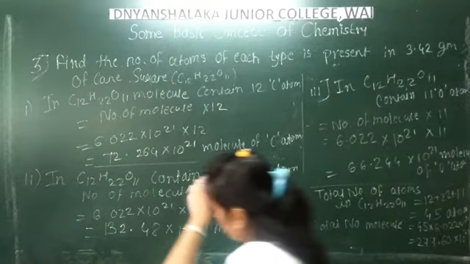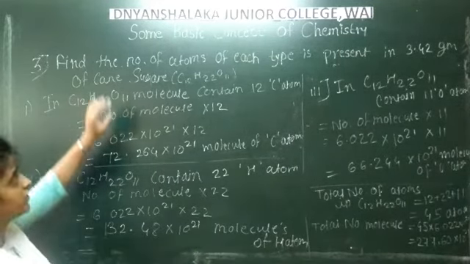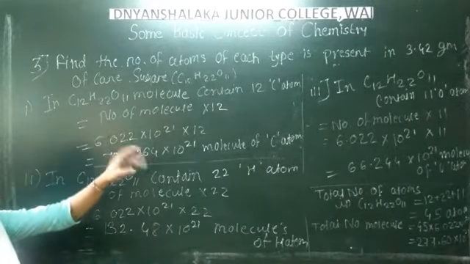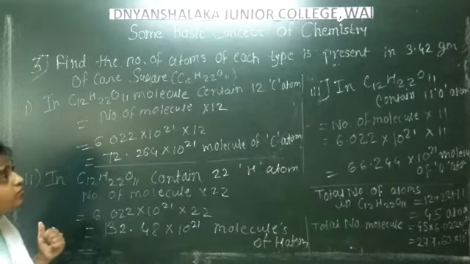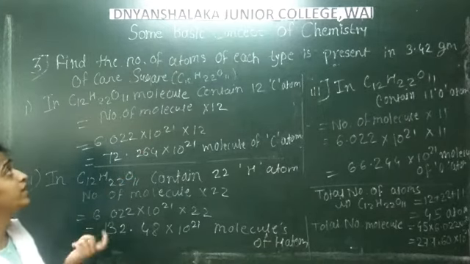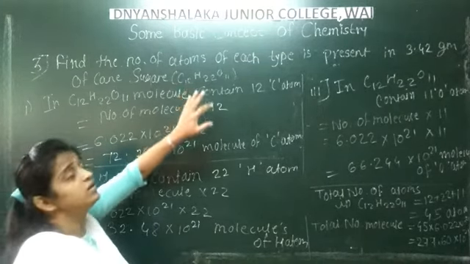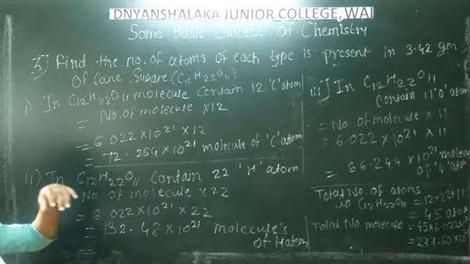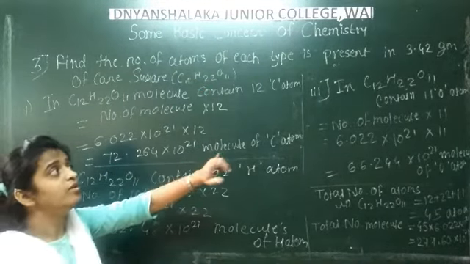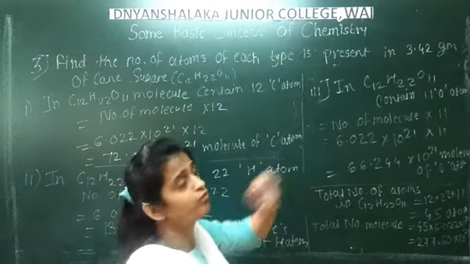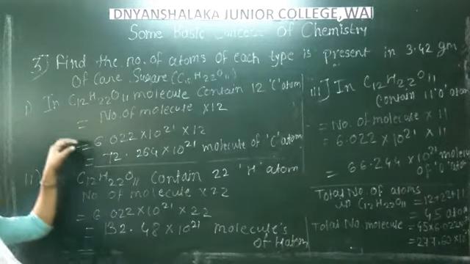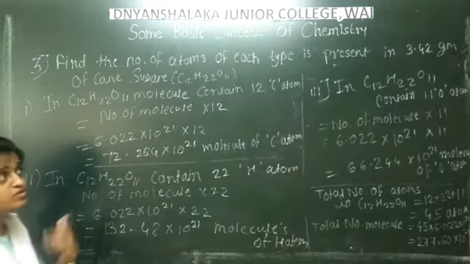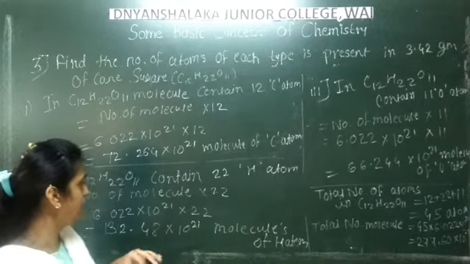Again, let us explain this example. First question: find the number of atoms of each type present in 3.42 gram of cane sugar. The chemical formula of cane sugar is C12H22O11. The given value is the mass of cane sugar, 3.42. We have to find the number of moles, and using this value we get 1 upon 100 moles.